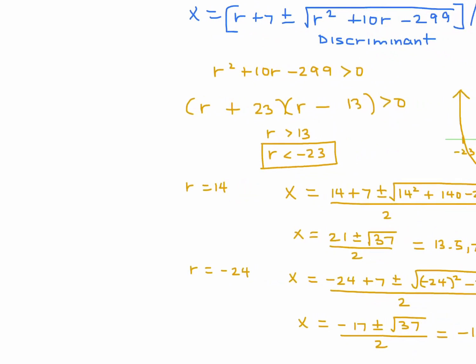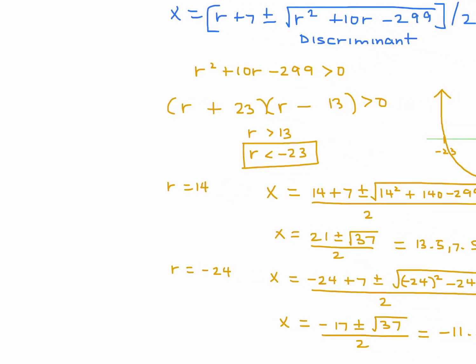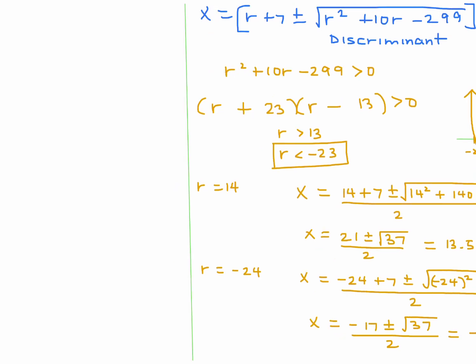Let's just keep that on the screen, and let's set that less than 0. So r plus 7 plus or minus the square root of r squared plus 10r minus 299, all over 2, that has to be less than 0.